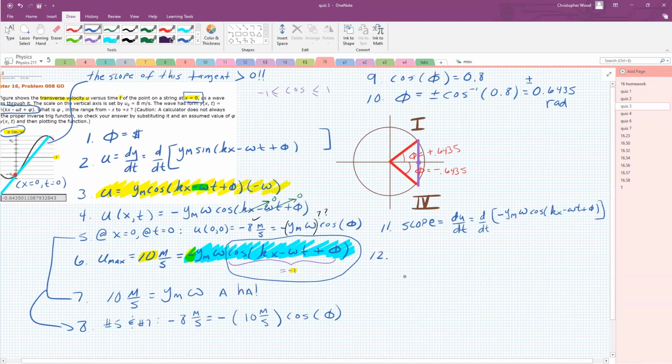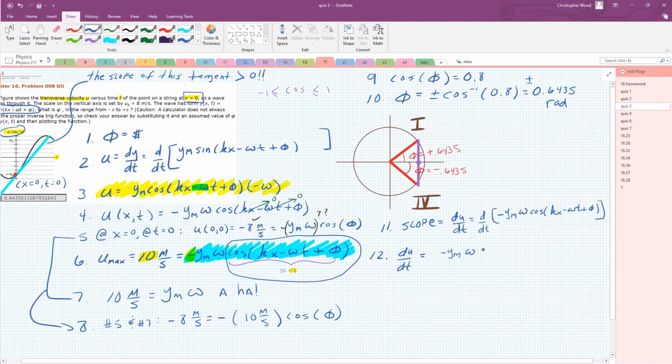What's the derivative of cosine? The derivative of cosine is negative sine. So we need to be super careful here. Let's see, du dt, or disaster ensues. So du dt is, okay, careful. My negative y sub m, nothing happens to that. Omega, nothing happens to that. Derivative of cosine is negative sine.